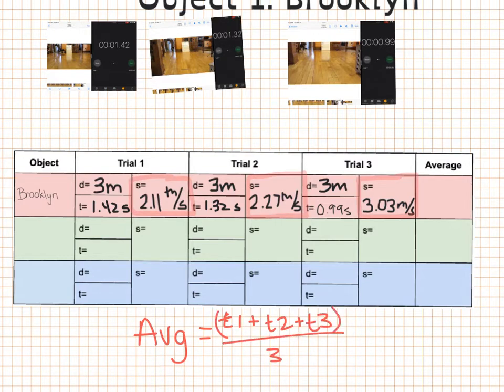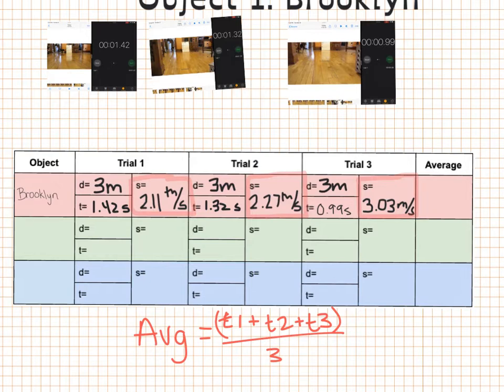And then remember your order of operations. If you're going to do this all in one, make sure you hit enter before you divide by 3, or else you're going to have a really wonky average. So I'm going to take 2.11 plus 2.27 plus 3.03. I'm going to hit enter. So I have 7.41. And now I'm going to divide that by 3.